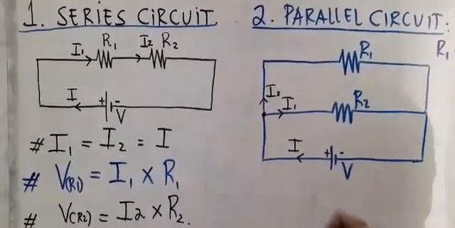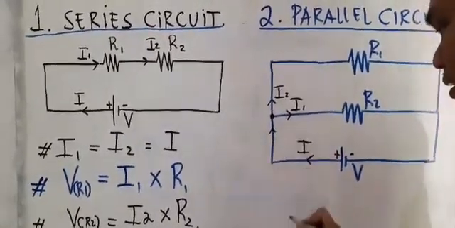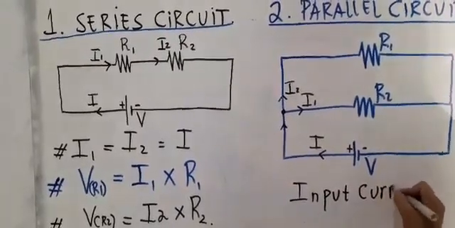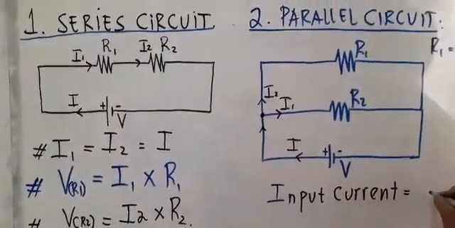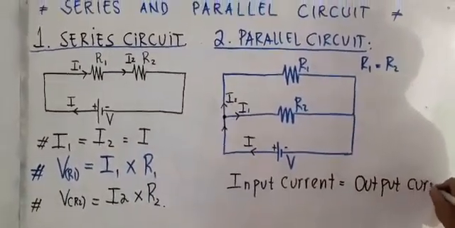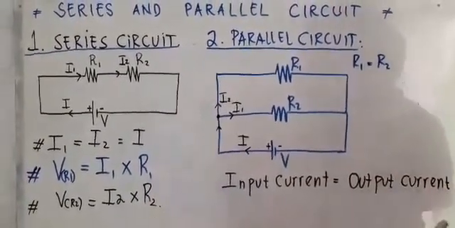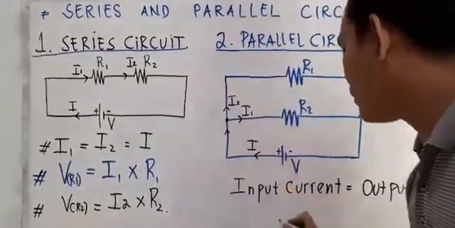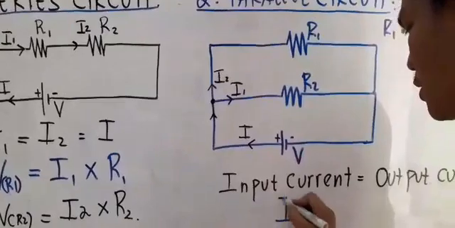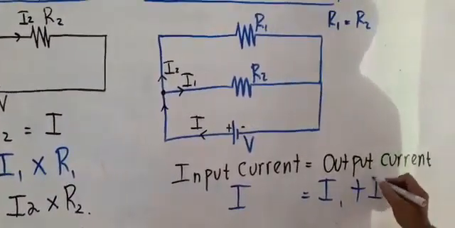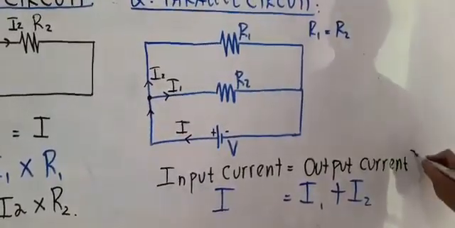So we can say that the input current is equal to the output current. It means that the input current I into this point is equal to I1 plus I2. What does it mean?